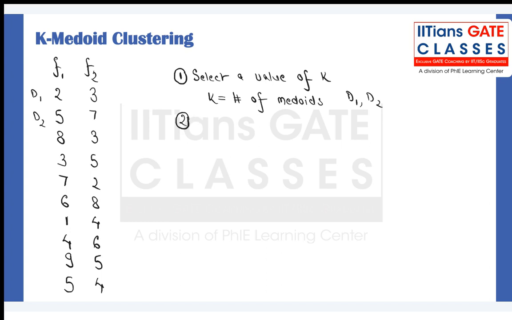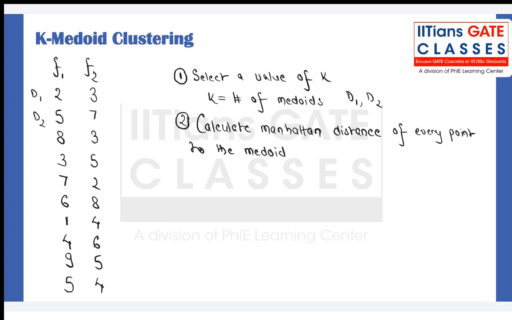The next step is to calculate, instead of the Euclidean distance, the Manhattan distance. That is the main difference. The Manhattan distance of every point to the medoids. And then you will cluster those points depending on the Manhattan distance.